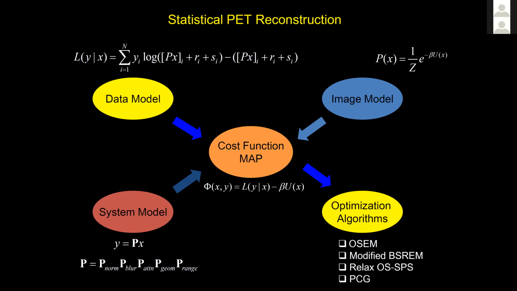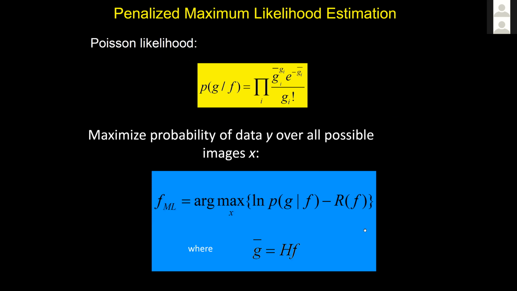You balance these two by a hyperparameter beta, and this loss function usually has some properties that you can use to design different optimization algorithms. And these are the five most important components in iterative or statistical image reconstruction, or any image reconstruction.